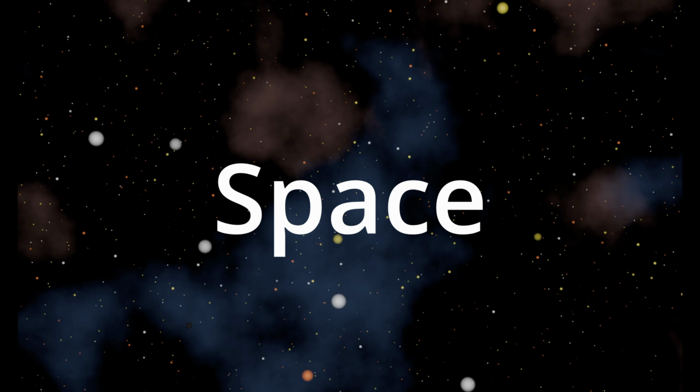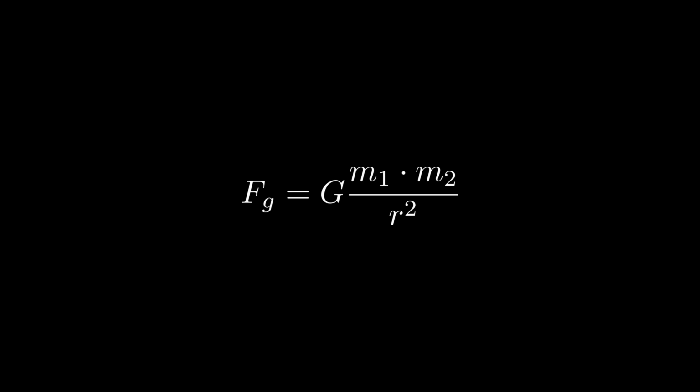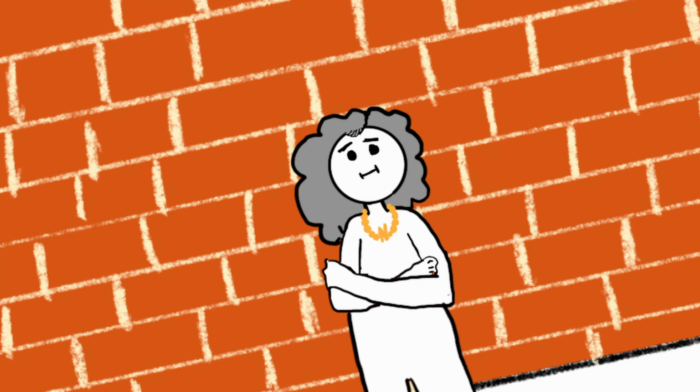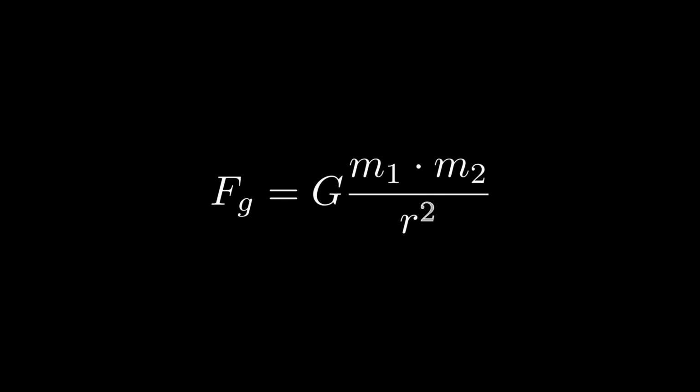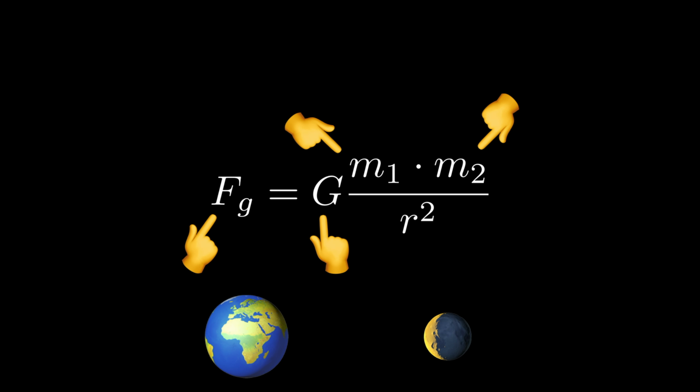So let's talk about space. Besides Newton's three laws, Newton also came up with the law of universal gravitation. This guy. In it, the gravitational force is equal to the gravitational constant G times the masses of two different celestial objects, like the Earth and the Moon, over the distance of the centers of both masses squared.